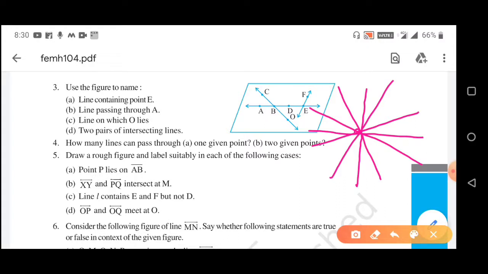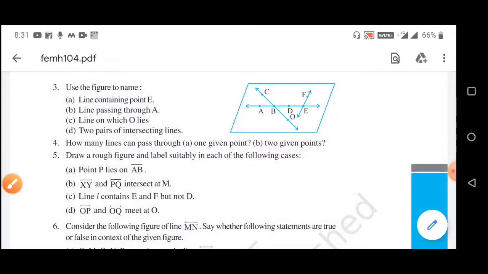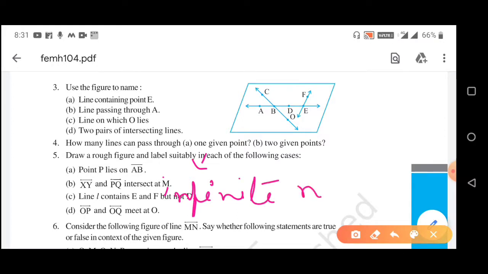So the answer will be countless, that means an infinite number of lines can pass through one given point. So here the answer will be infinite number of lines. Infinite means which we cannot count.